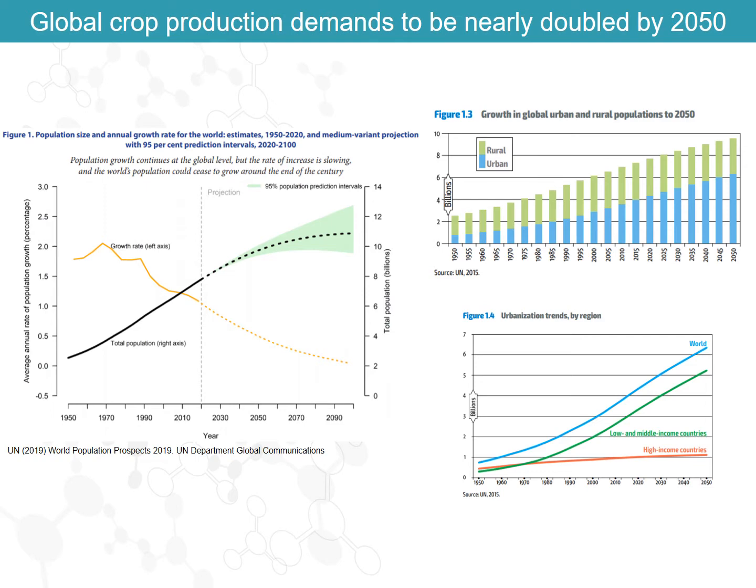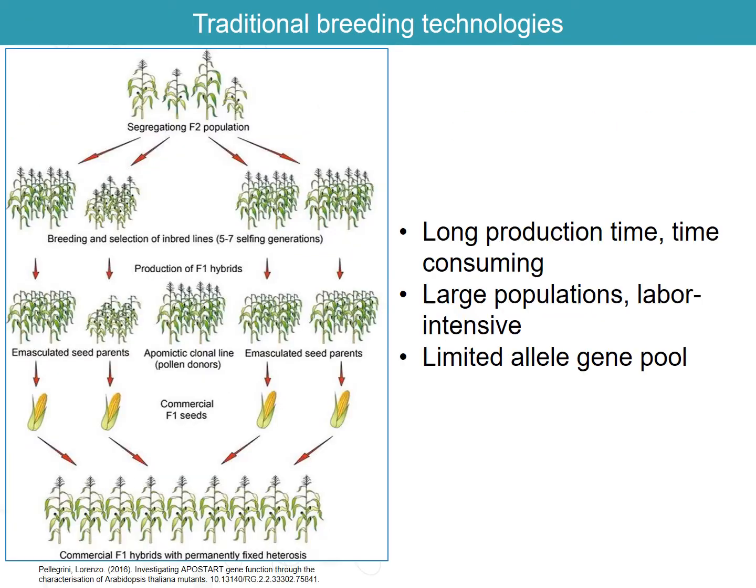In order to be responsible for the food of this growing population, 70% more food needs to be secured than at present. But as urbanization progresses, even cropland is decreasing. Therefore, we need to increase crop productivity.